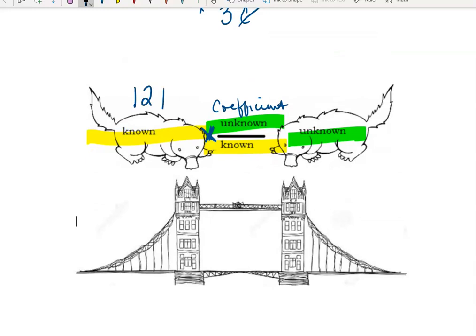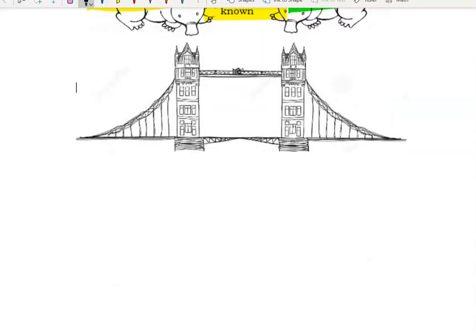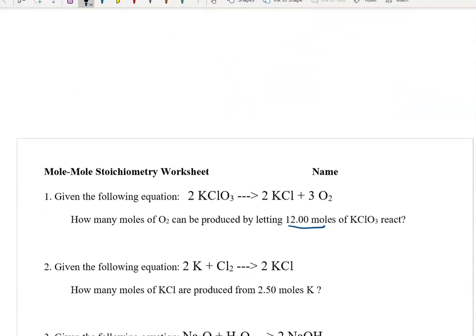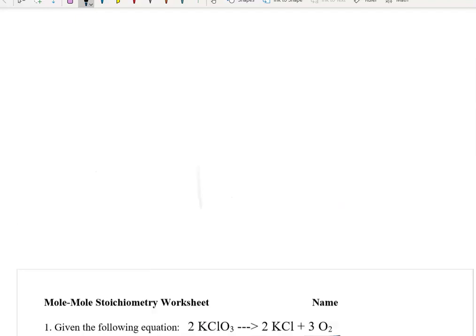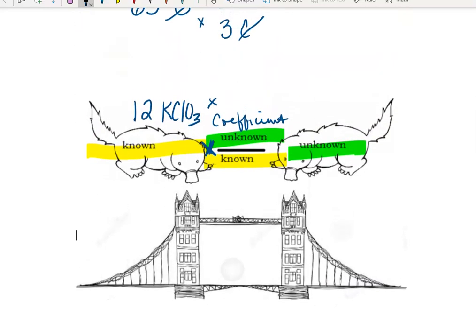12 moles of KClO3 is our known amount. We are solving for oxygen, so oxygen is our unknown, and now we need to multiply 12 by that ratio, the unknown over the known.